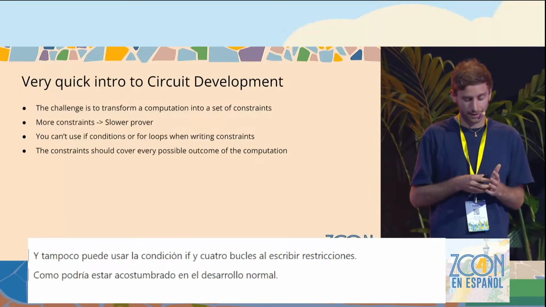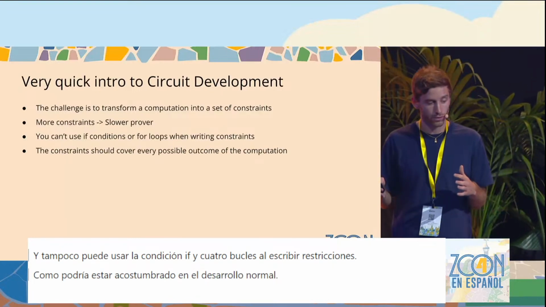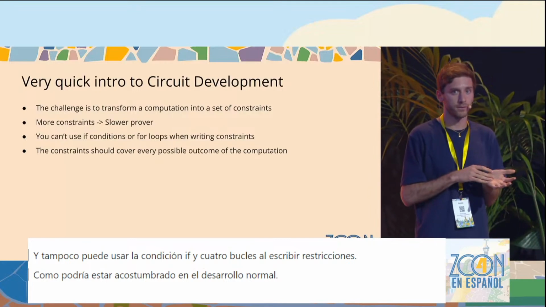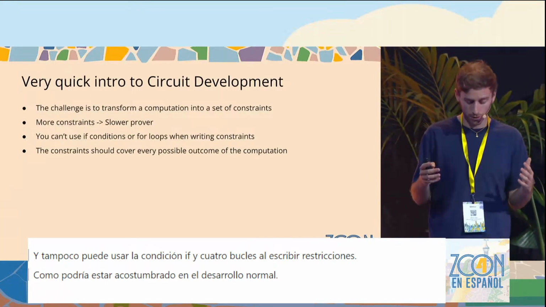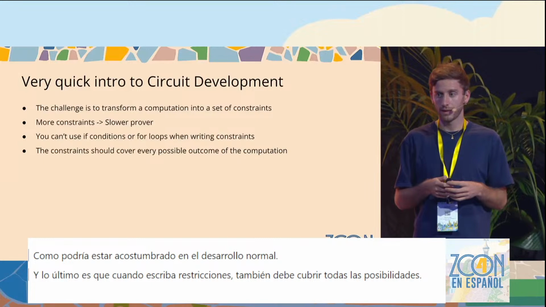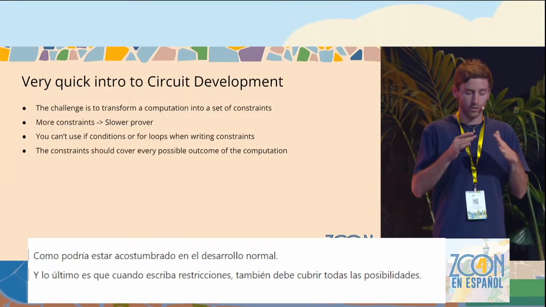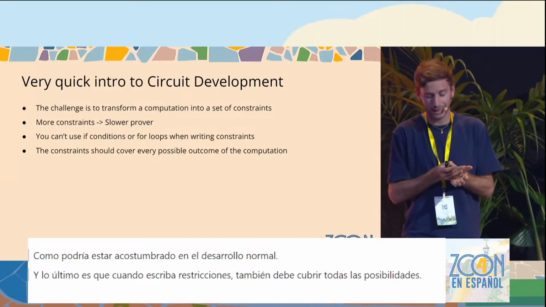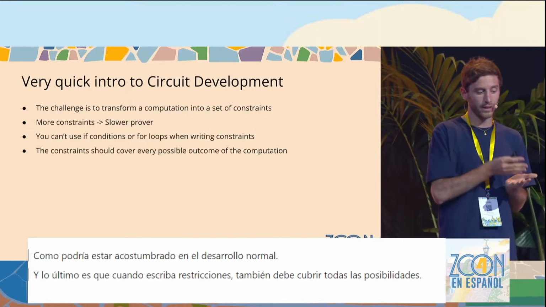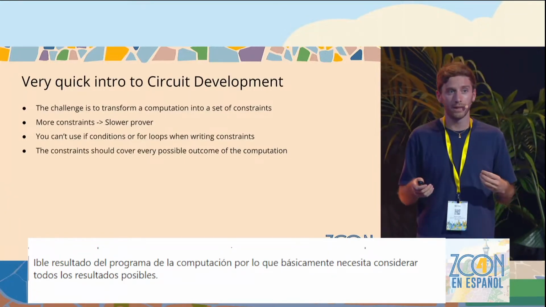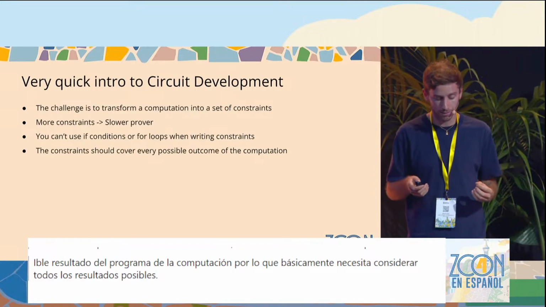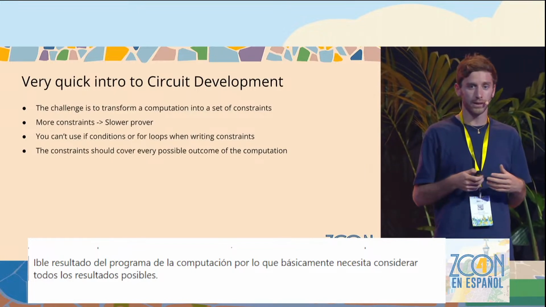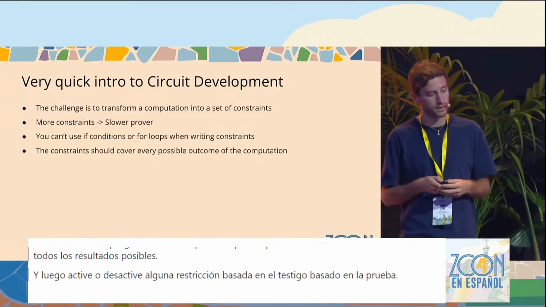And the last thing is that when you write constraints, you should also cover every possible outcome of the computation. So you basically need to consider all the possible outputs and then activate or deactivate some constraints based on the witness, based on the proof that is generated by the user of your circuit.